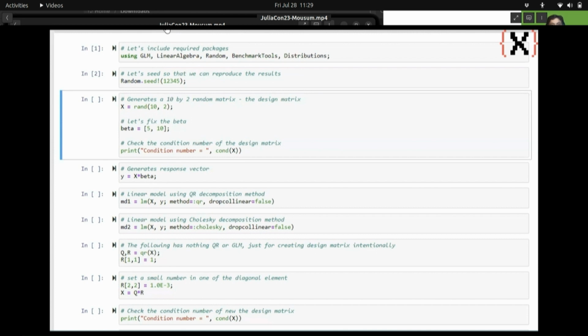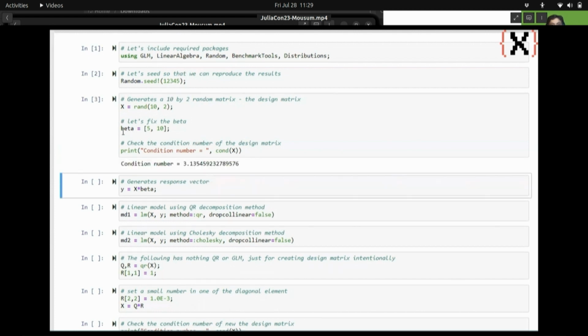Now create a random matrix of size 10 by 2 and let's fix some beta values, 5 and 10. You can see that the condition number of the random matrix is 3.13.